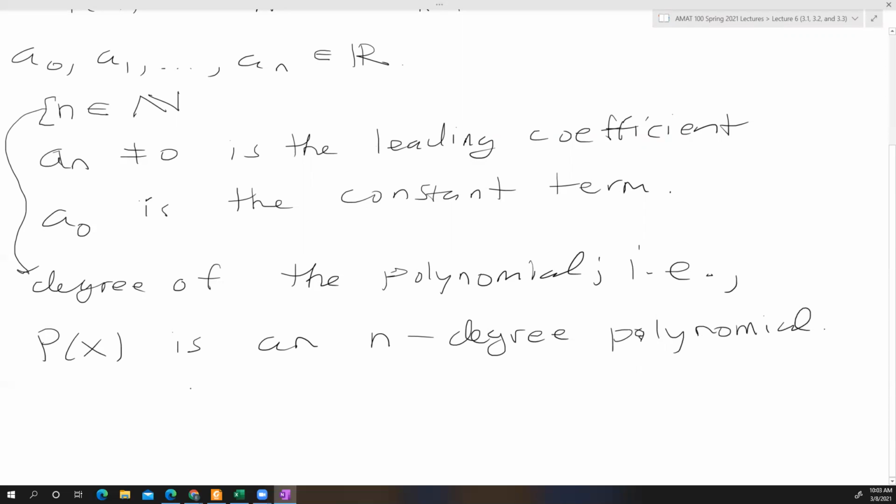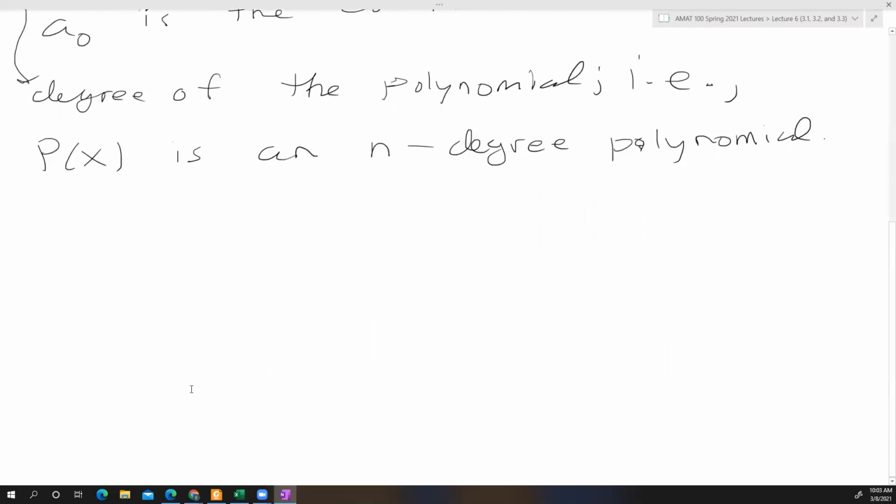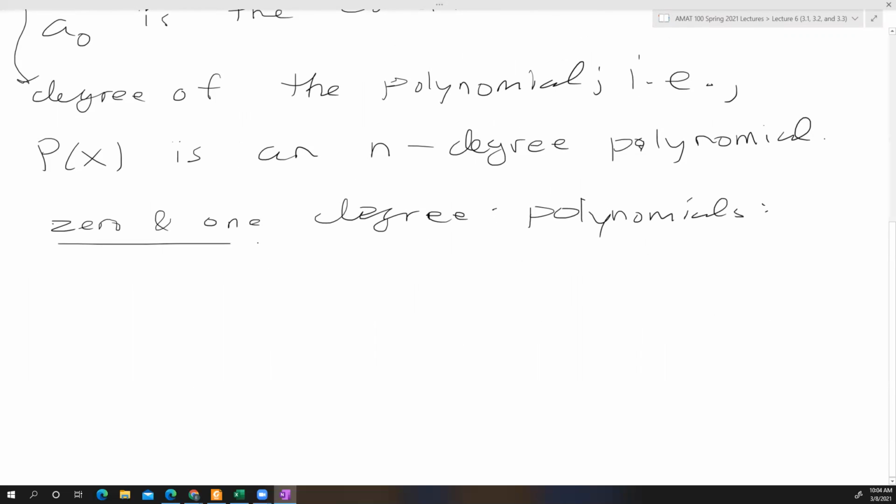So we've already looked at second-degree polynomials or quadratic polynomials in some depth, but what we've really studied in depth are 0-degree and 1-degree polynomials. We've looked at these quite extensively already. These are polynomials of the form p of x.